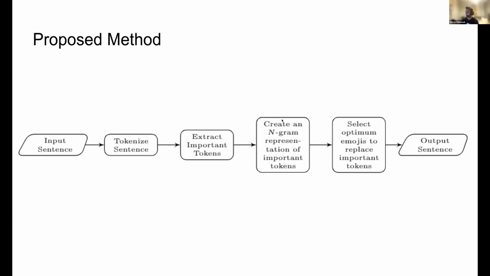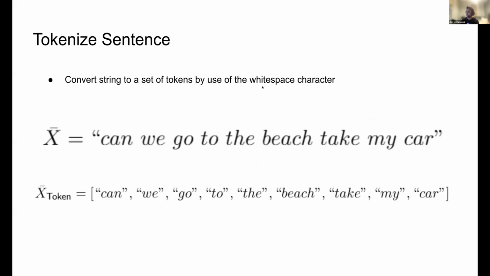So we take a sentence and extract the best features that we can from that sentence. Then we use those features to assign emojis to different parts of the sentence. The best way to go through that is to strip back the mathematics and go with an example so you can actually see what's happening.